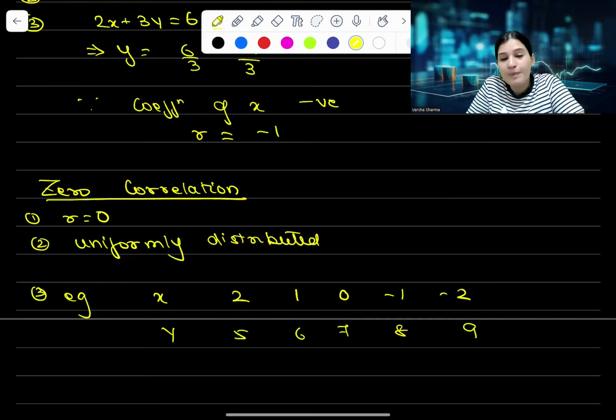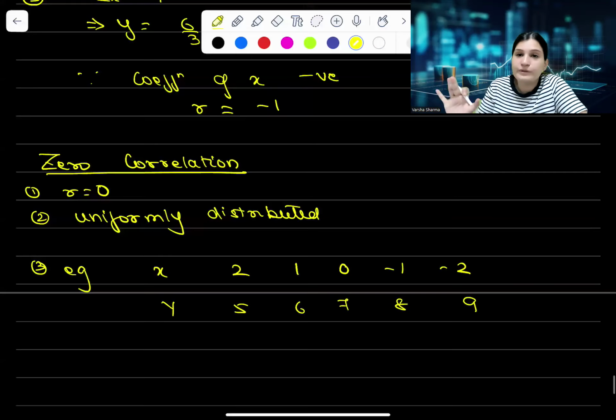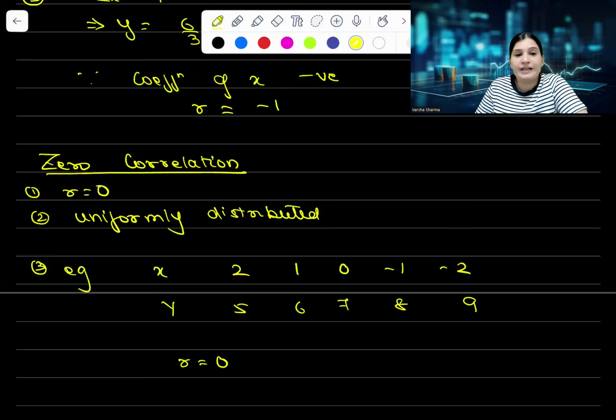Can you see that you are not able to see a pattern between x and y? So you don't need to calculate. No formula necessary. R will be 0 straight because it is uniformly distributed, without a predictable pattern. Understood?